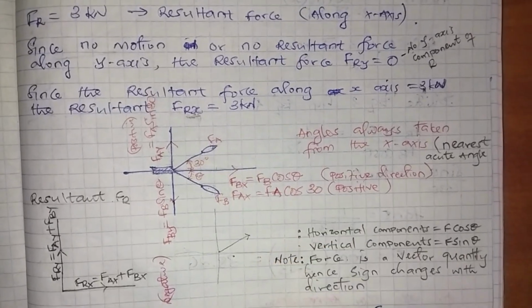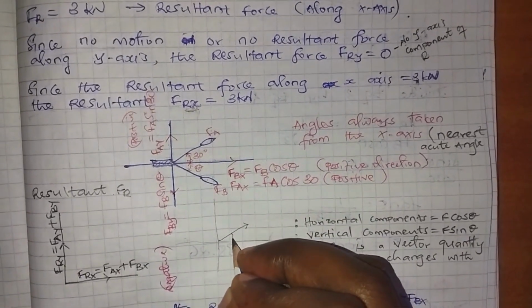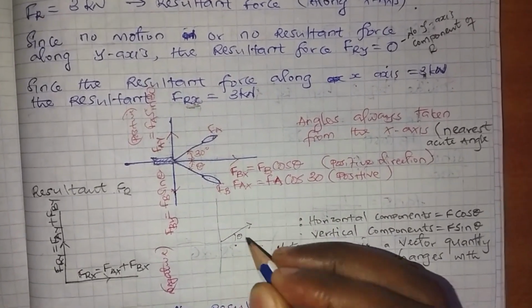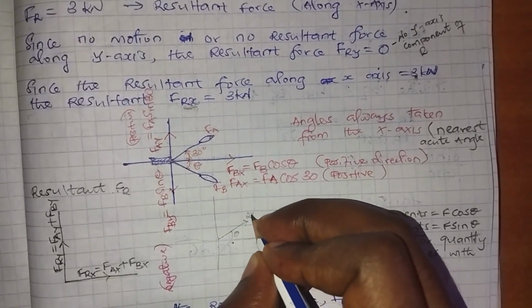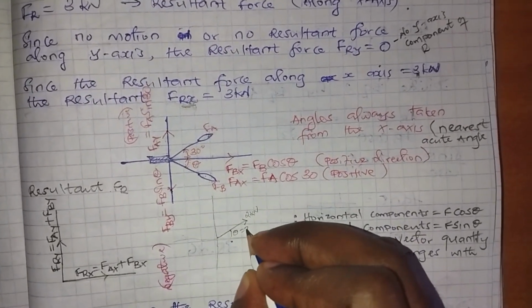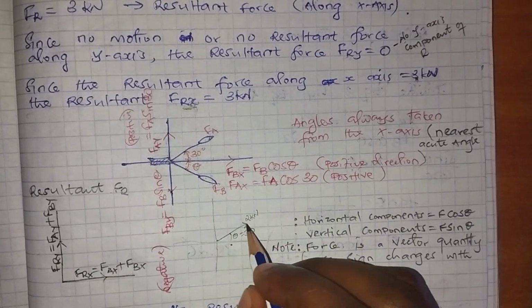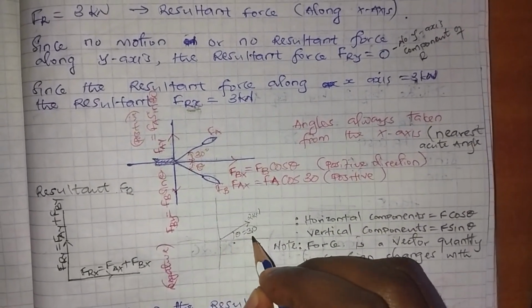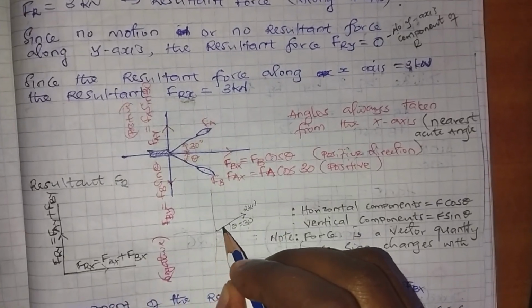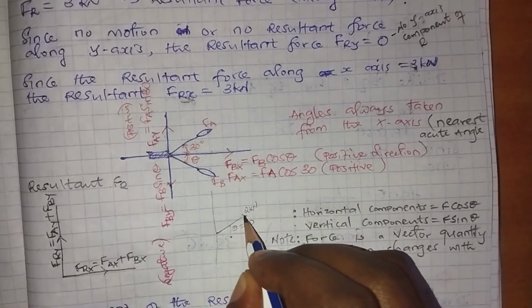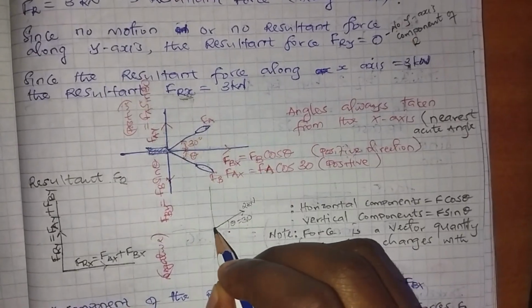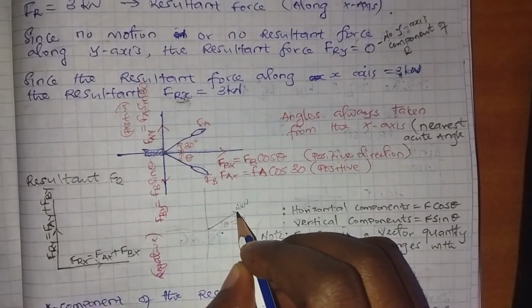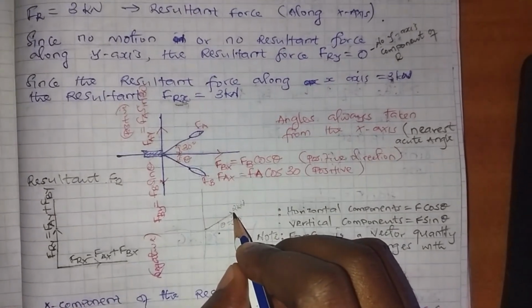I'll draw it like that, and then give it the angle that is required. So this is 2 kilonewton, and this is 30 degrees. I have represented Fa as a vector because I've given it a direction and a magnitude. The size of this arrow must represent a force of 2 kilonewton. That is how you represent your force as a vector, right?